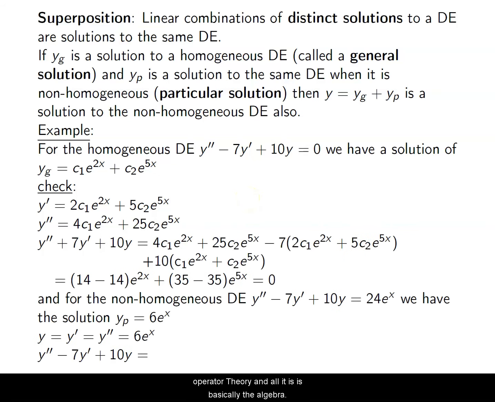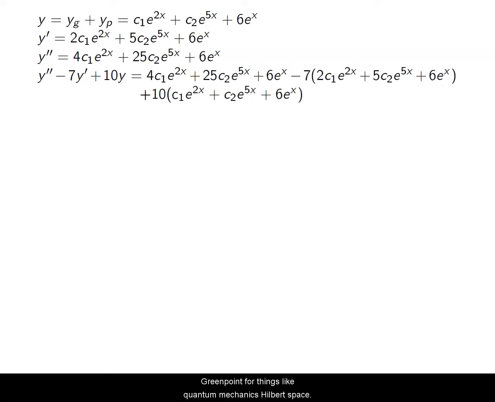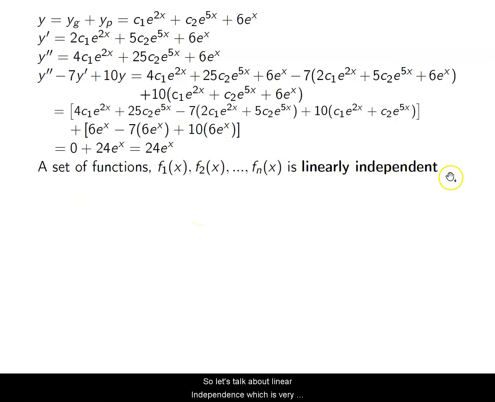It's called operator theory, and all it is basically is the algebra of operators, right? Nonlinear operators and operators alike. Very important for things like quantum mechanics, Hilbert spaces, those higher order things that you study in physics and in mathematics. Okay, so let's talk about linear independence, which is very, very important as well.